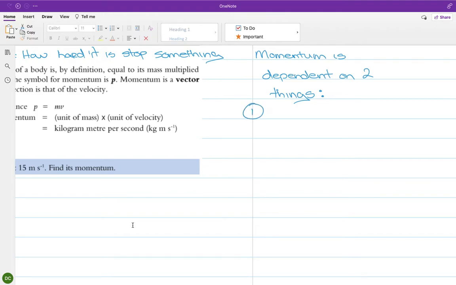The first thing that it's dependent on is mass. So, generally speaking, big, heavy objects are harder to stop.